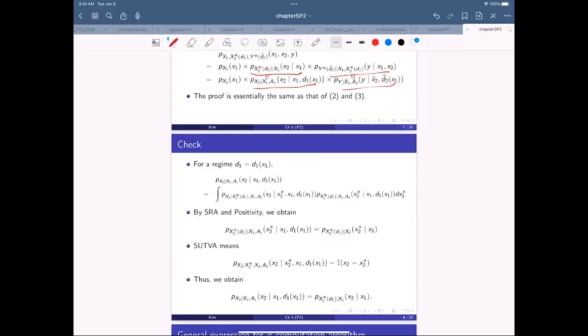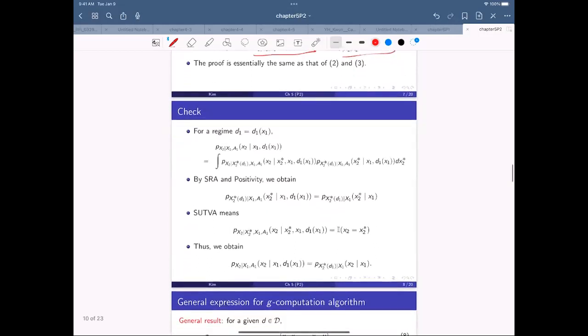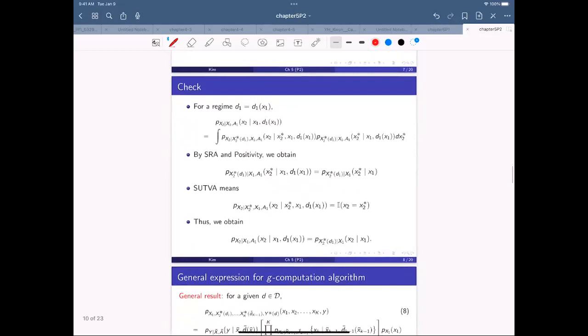The same thing here. The idea is pretty much the same.